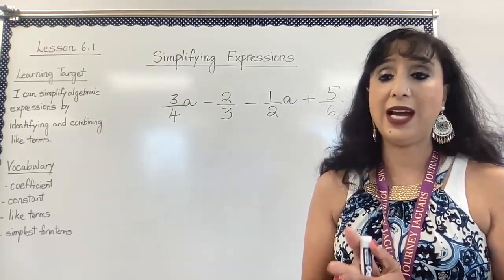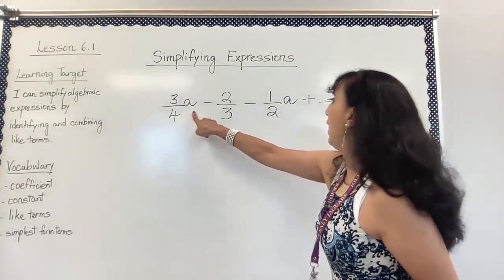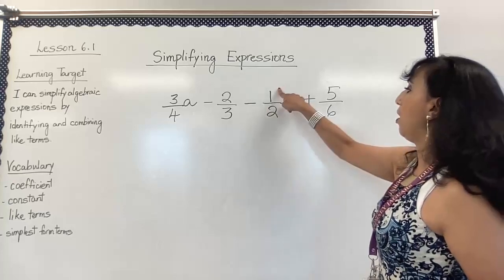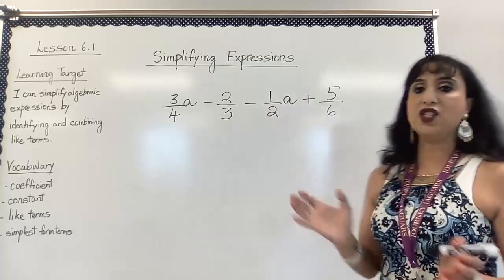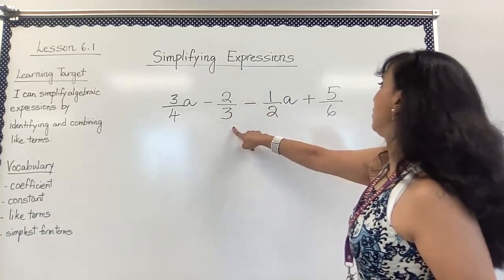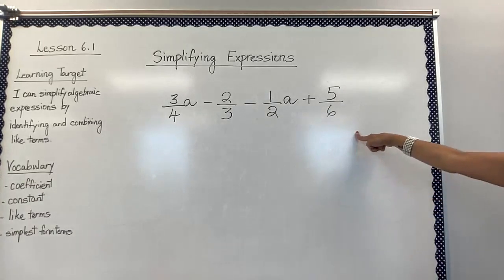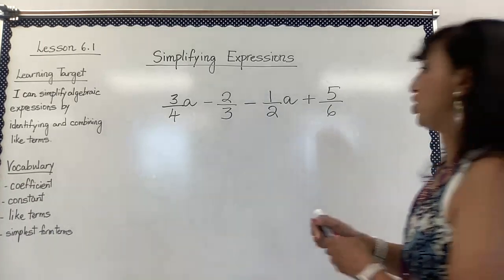I can only add and subtract like terms. Okay, so I can see I have 3/4 a and I have negative or minus 1/2 a. So these two are like terms. And then I have minus 2/3 or negative 2/3 plus 5/6. These are like terms.